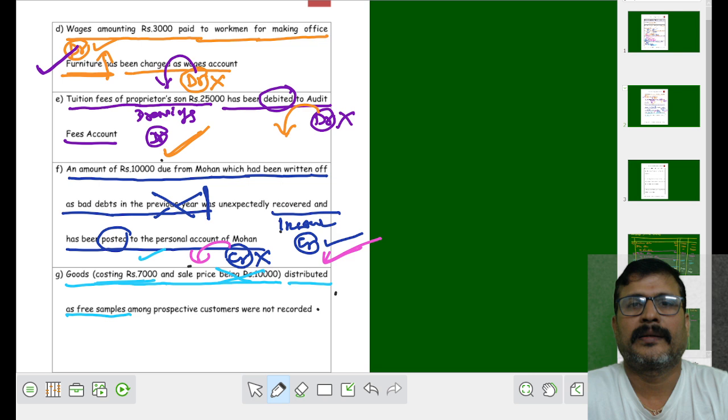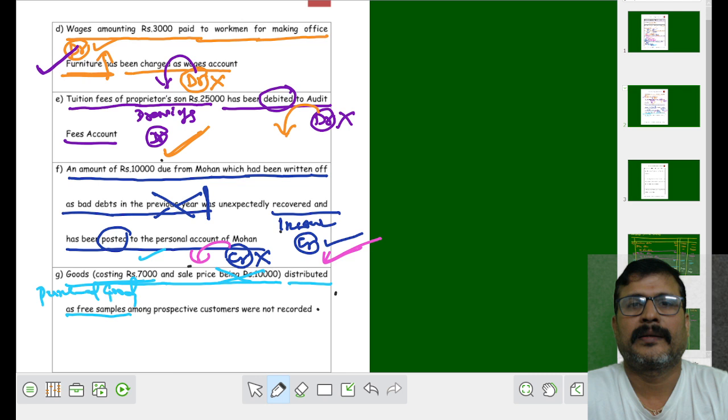Next question. What kind of goods you are distributing as a free samples? We are distributing purchased goods as a free samples. Goods means what kind of goods? Here goods means purchased goods.